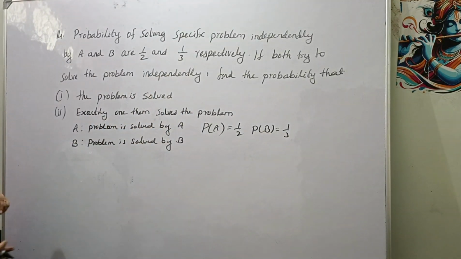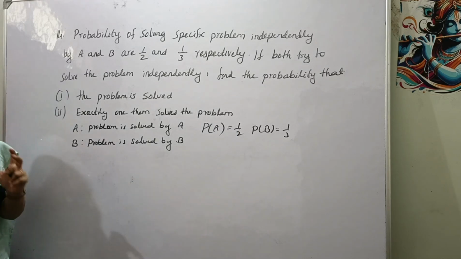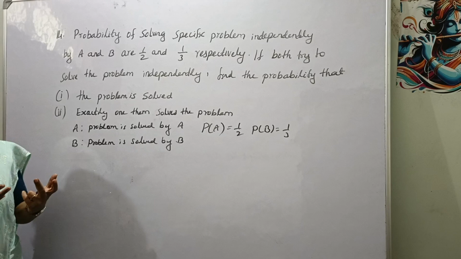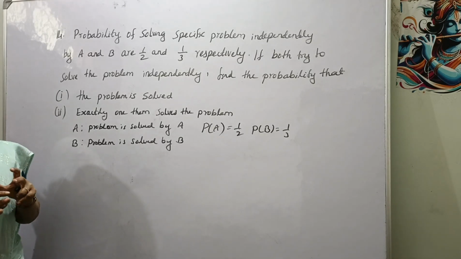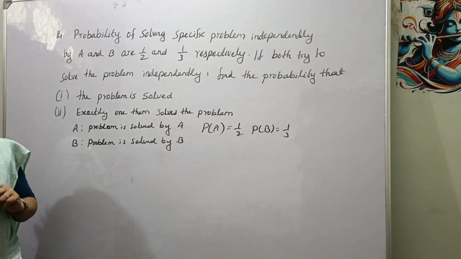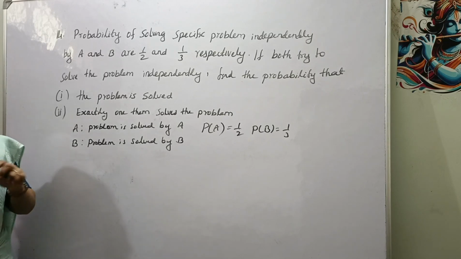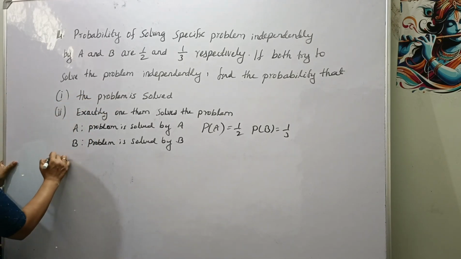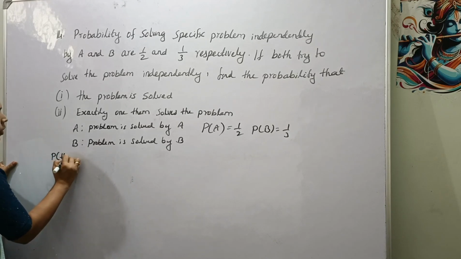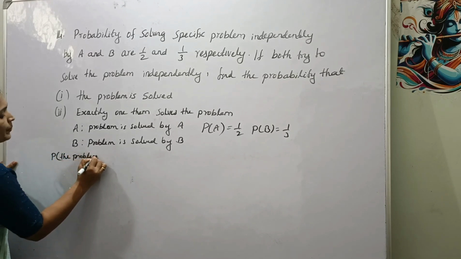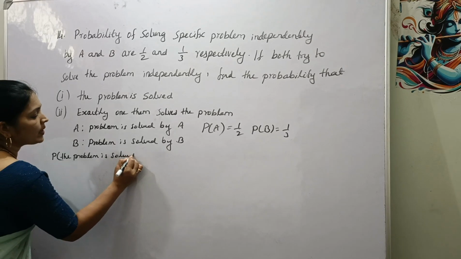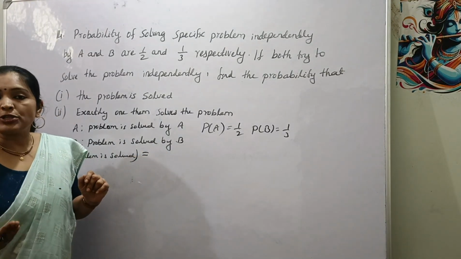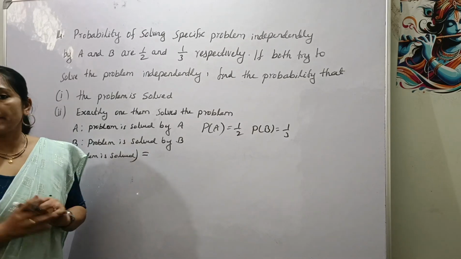Now here we have to find the probability that the problem is solved, that is probability that the problem is solved by A or by B. Or here we can write that the probability the problem is solved is the complement of the probability that none of them solves the problem.